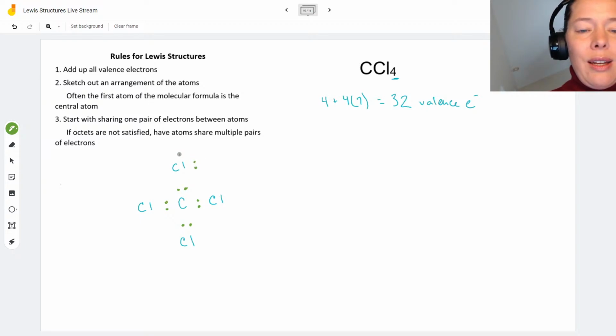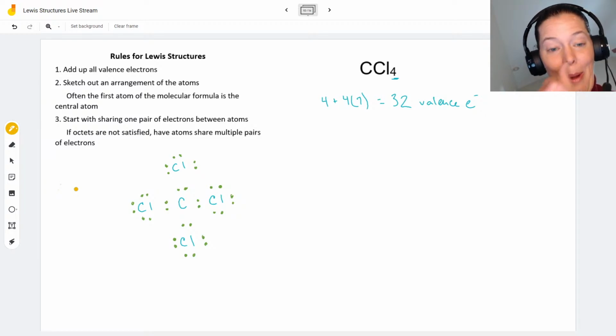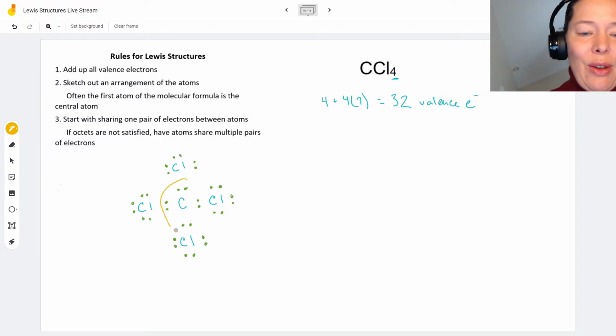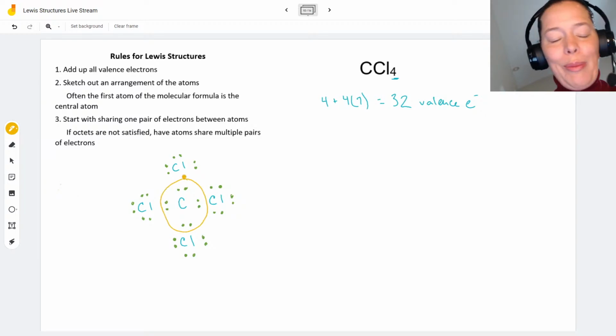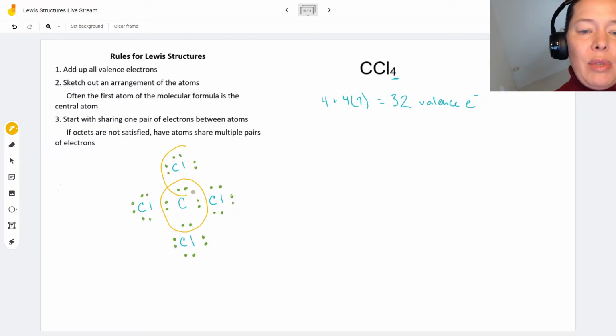So this is 10, 12, 14, 16, 18, 20, 22, 24, 26, 28, 30, and 32. Those are all my valence electrons. Okay, so I have used 32 valence electrons. Let's check octets. Well, I already know that carbon is good because it has formed 4 bonds. But let's check my chlorines.